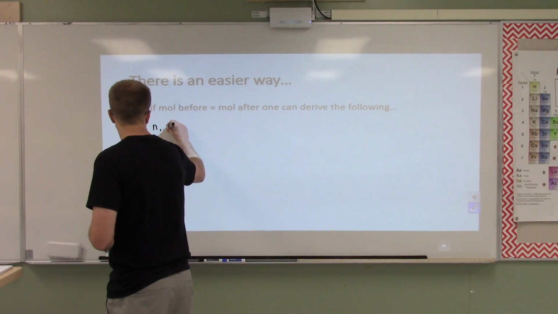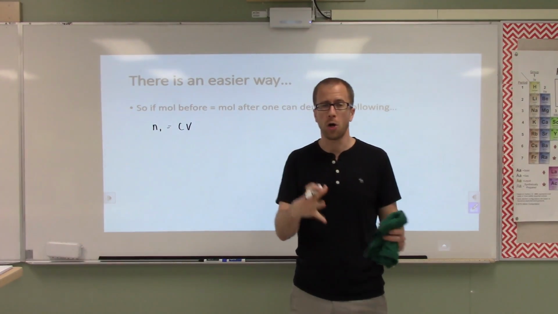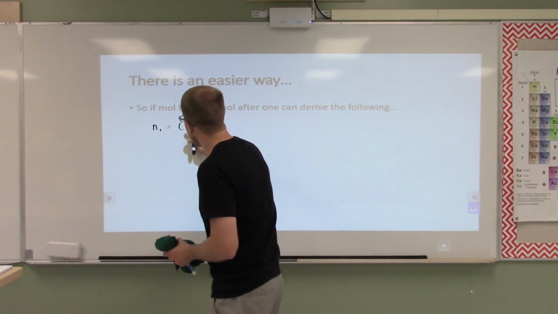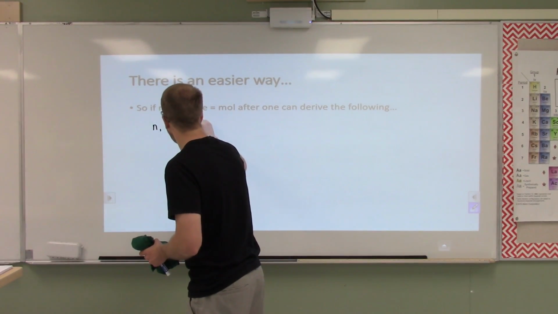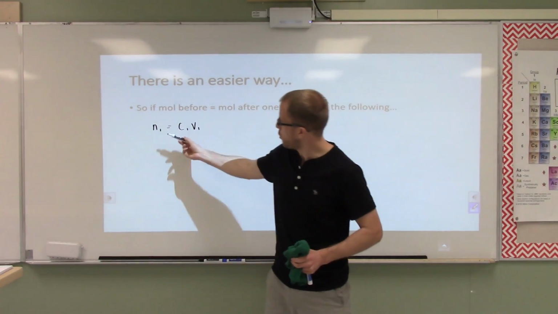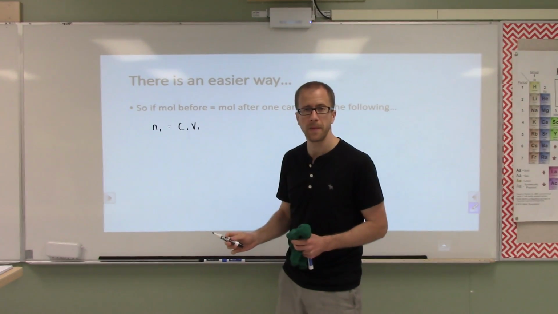our moles is equal to our concentration times our volume, per the concentration equation. I'm going to label these C1 and V1, and this represents our moles before, our concentration before, and our volume before.